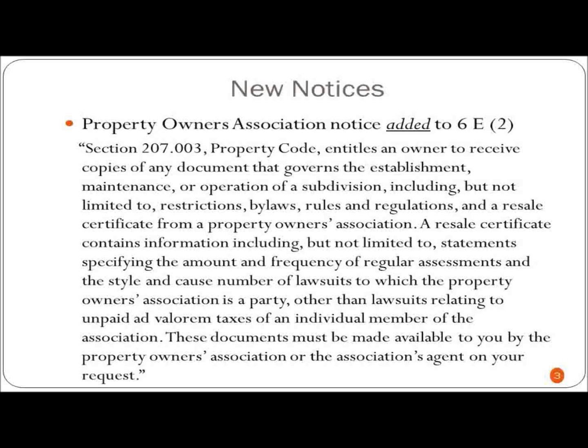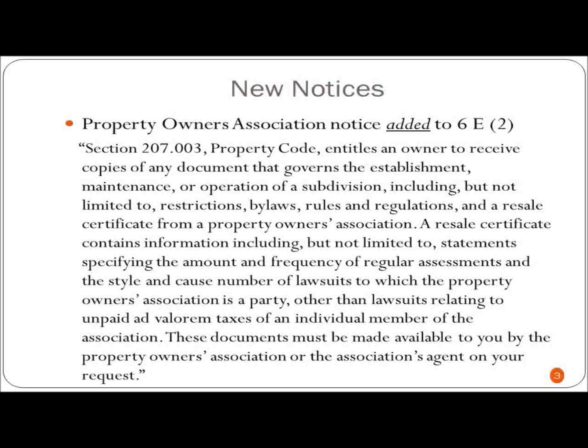It simply is a disclosure that the owner has the right to get all the information due from the homeowners association or the property owners association. And this notice must be given on or before the execution of the contract, or the buyer has the right to terminate the contract. So it's just an additional notice that has to be given to the buyer on or before execution of the contract.